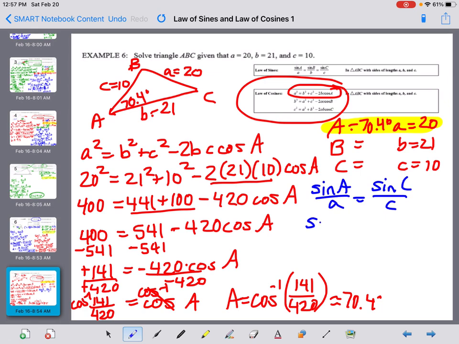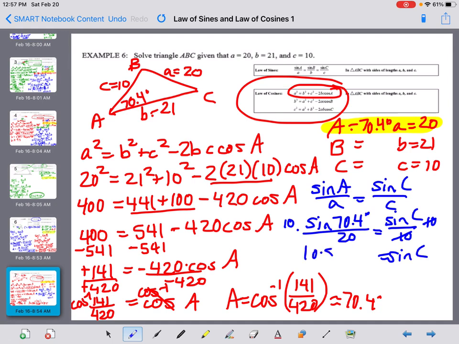Okay? So we'll talk about kind of what we could do there the same. Let's plug and chug here. Sine of angle A is 70.4 degrees. Side A is 20. Angle C, I do not know. Side C is 10. I'm trying to get C by itself, so I'm going to multiply first by 10 to get that 10 off of that side. So I have 10 times the sine of 70.4 divided by 20. I want C by itself. What's connected to it?